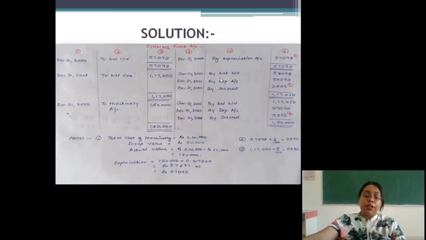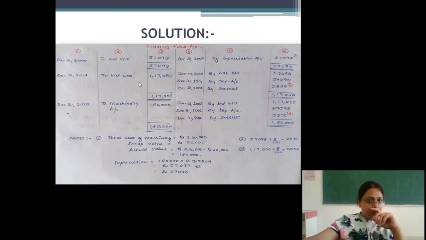So we will charge 5% interest on 57098, that is 2854, by interest 2854 on the same date, December 31st, 2001.